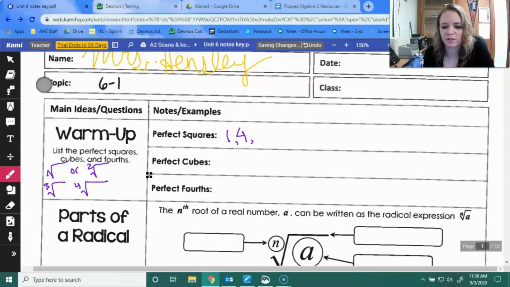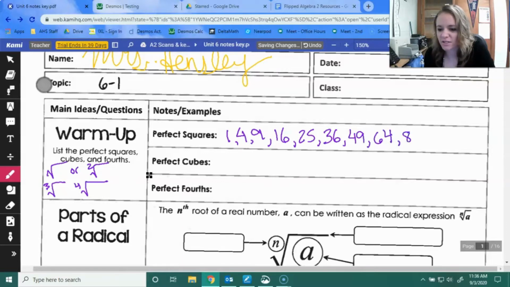So 1 squared is 1, 2 squared is 4, 3 squared is 9, 4 squared is 16, 5 squared is 25, 6 squared is 36, 7 squared is 49, 8 squared is 64, 9 squared is 81, 10 squared is 100, and so those are your perfect squares, okay?